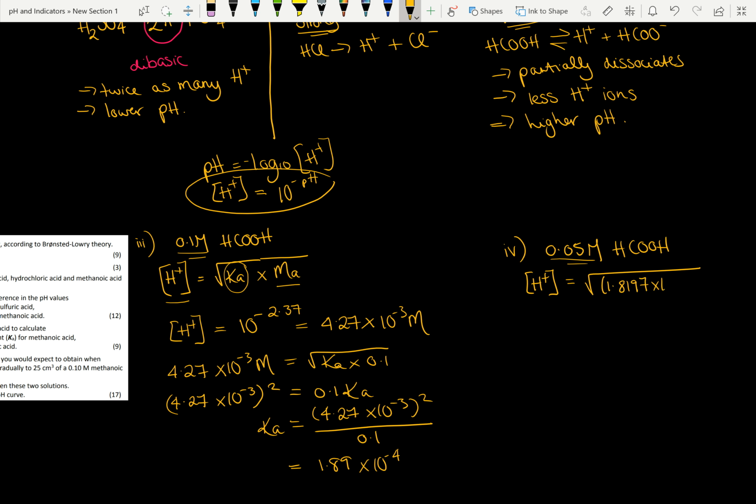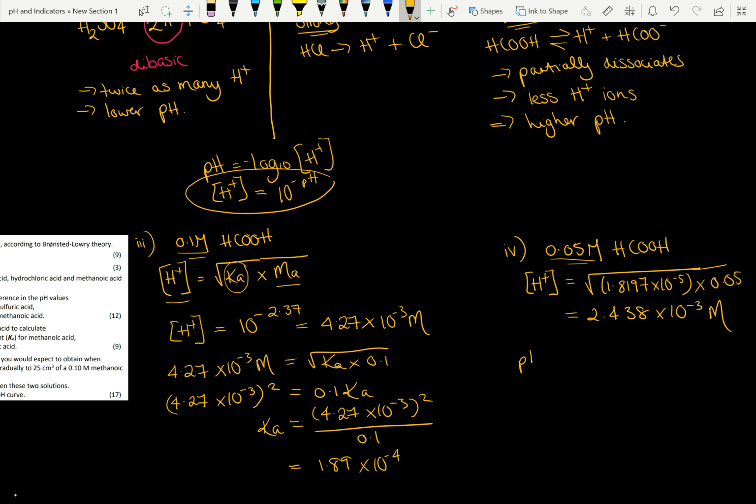1.8197 by 10 to the minus 5, multiplied by the Ma, which is 0.05 this time. So that will give us an answer of 2.438 by 10 to the minus 3 moles per litre of my hydrogen ion.